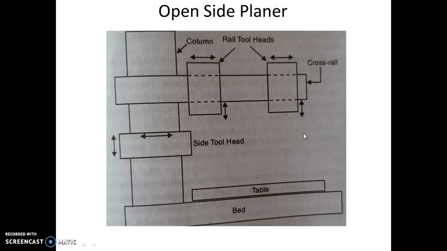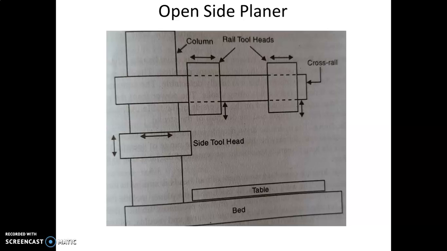The next type of planer is the open side planer, in which the design has only one column, this one, which supports a cross rail with the cross rail cantilevered from it. Thus the maximum number of tool heads on this planer is 3. Its advantage is that it can accommodate jobs which are too wide to fit between the columns of an equivalent double housing planer.